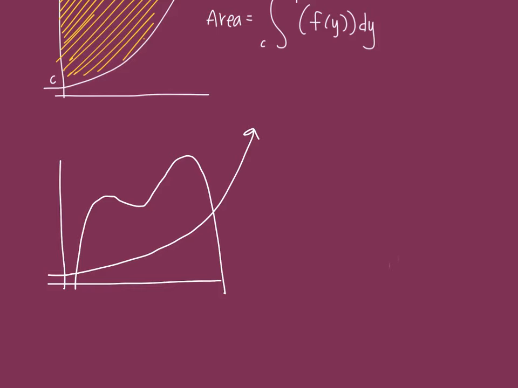If you're not using the x-axis or the y-axis as your exact boundary, but you want to use two functions as the boundary between the two, then we're finding the area this way.